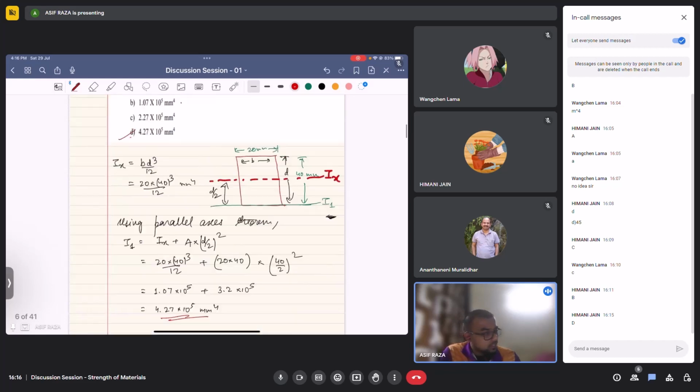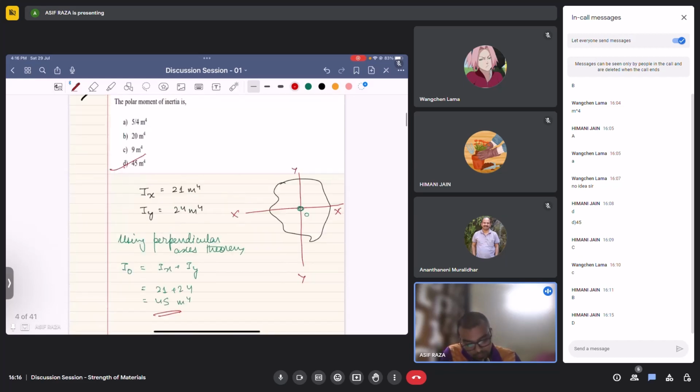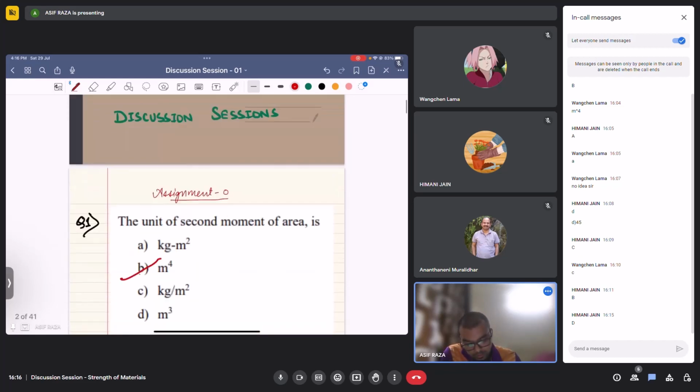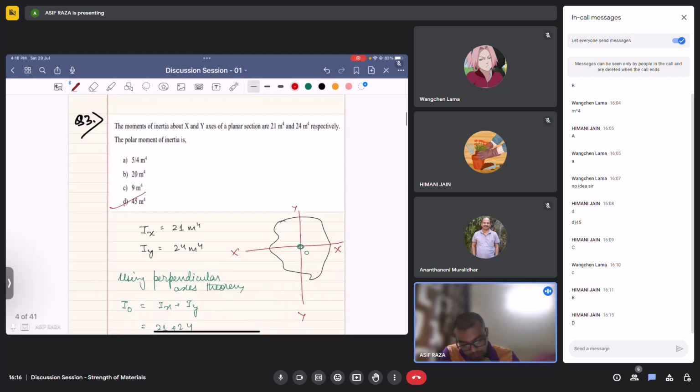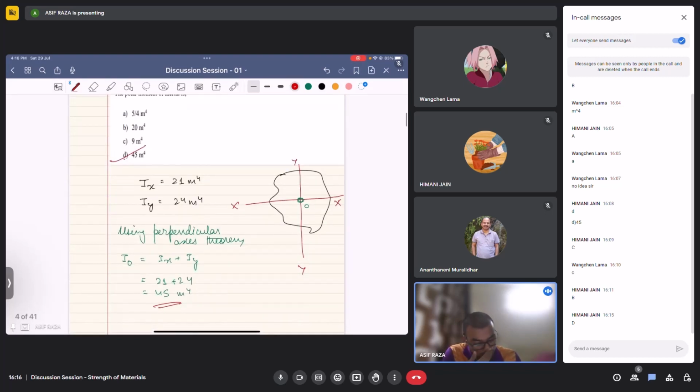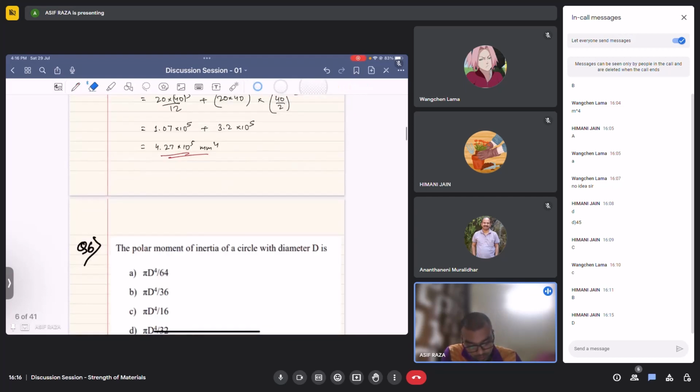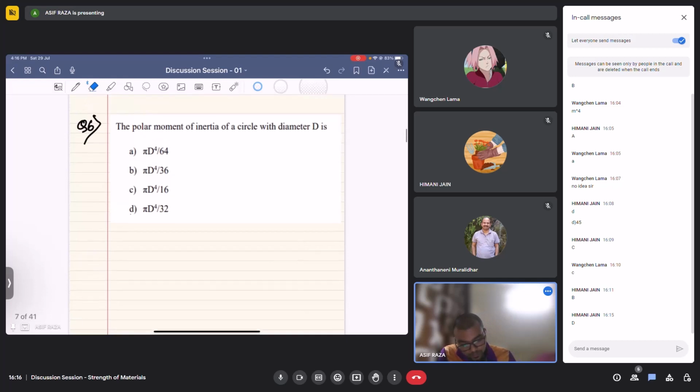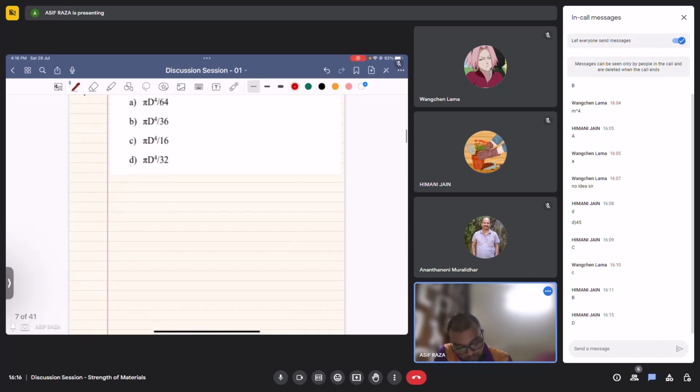Okay, so as I just said about polar moment of inertia, using the perpendicular axis theorem we can find it. In this case, we can derive it by taking a circle, okay, and the center is this.